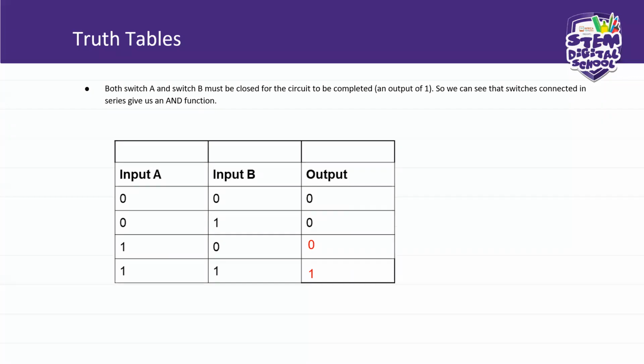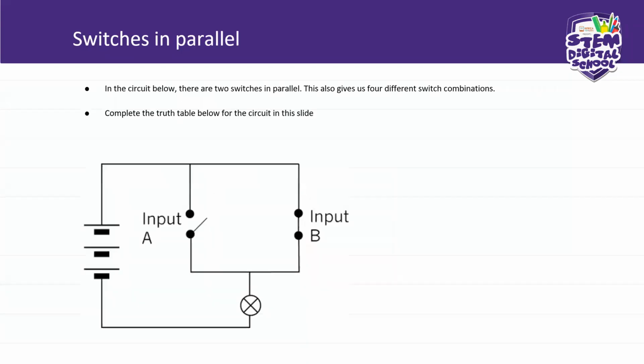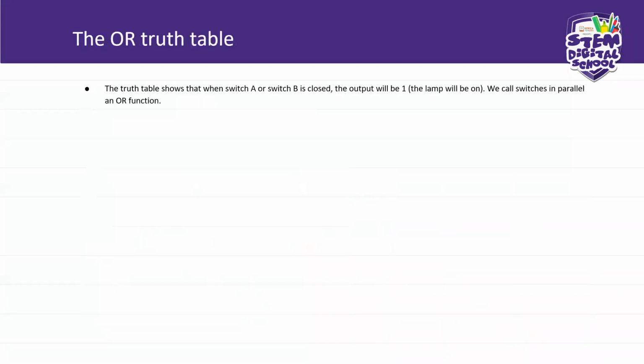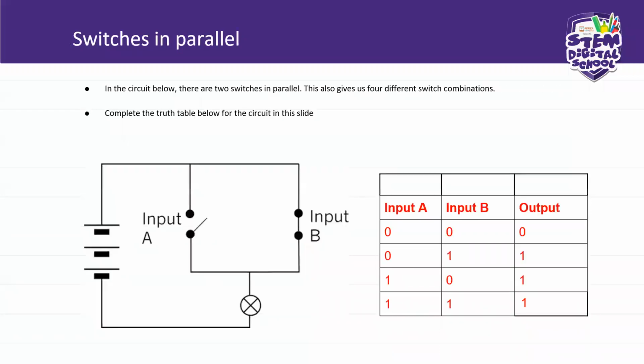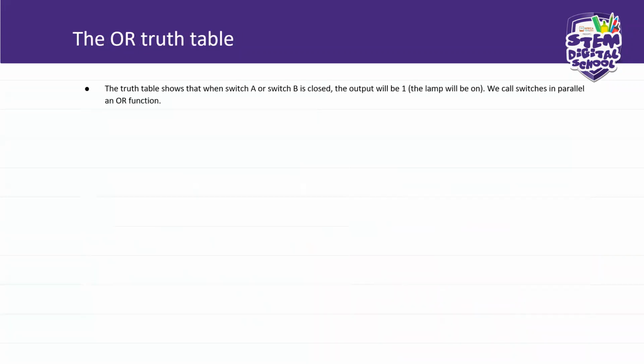So this is an AND function, A-N-D, AND function. Whereas this one is an OR function. Why? Because for me to have an output, I need to have this one switch on or the other switch. So it's an OR function.